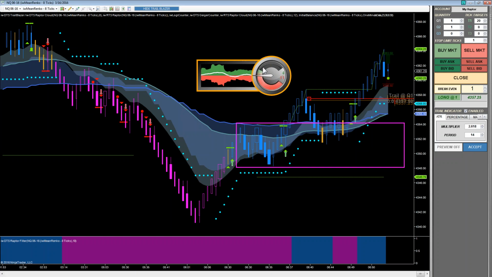And then the Geiger counter at the time when the signal was printing, remember we were watching it all through here and it kept pulling to the short side, to the red side here and holding and holding and holding, and yet there was no follow through. And I told you if there was no follow through on the downside, that tells us that the buyers are absorbing all that selling pressure and that the support will hold.